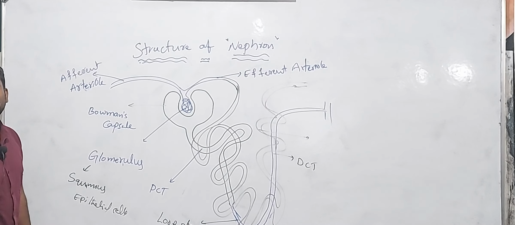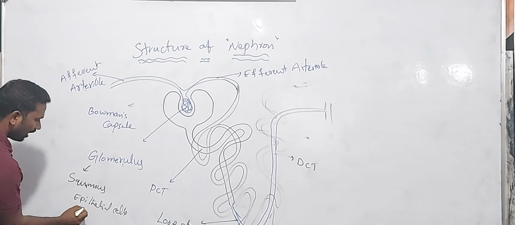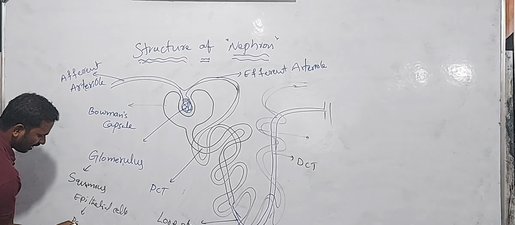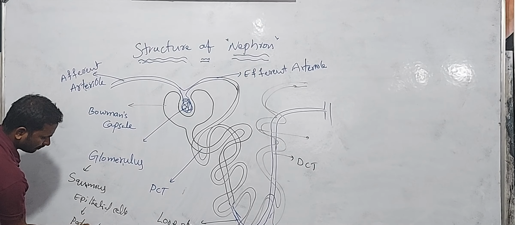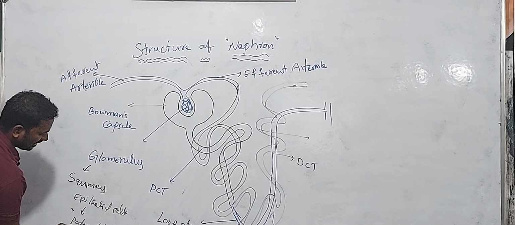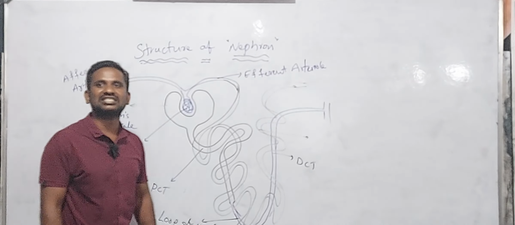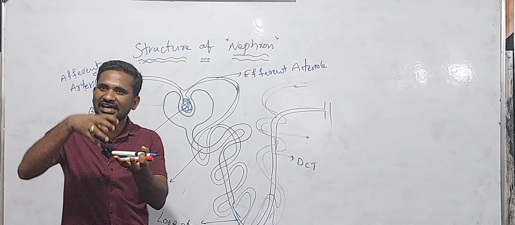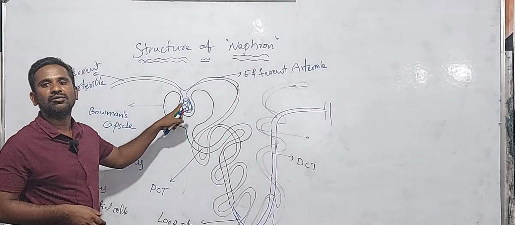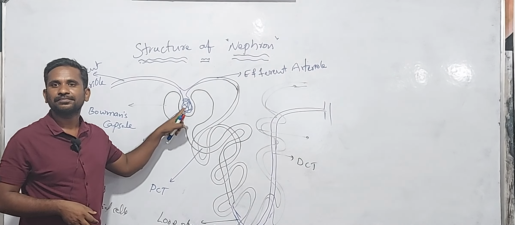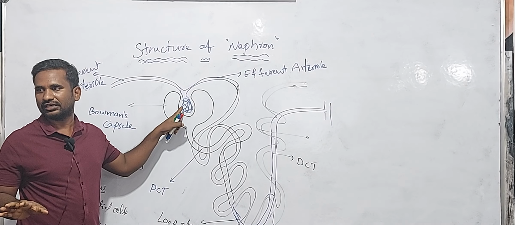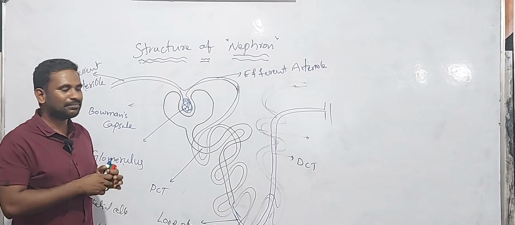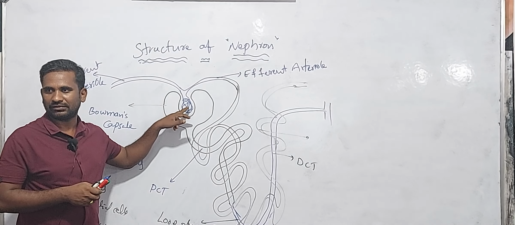These squamous epithelial cells are also known as podocytes. This arrangement, this structure is helpful. These podocytes can filter the blood in the Bowman's capsule, very important. So one is the maintenance of the pressure.